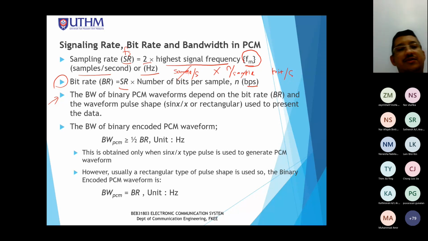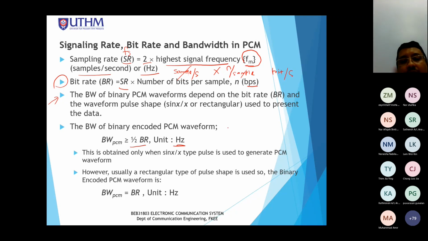The minimum bandwidth is equal to half of the bit rate, 1/2 of the bit rate. And remember, the unit for bandwidth is in terms of hertz.